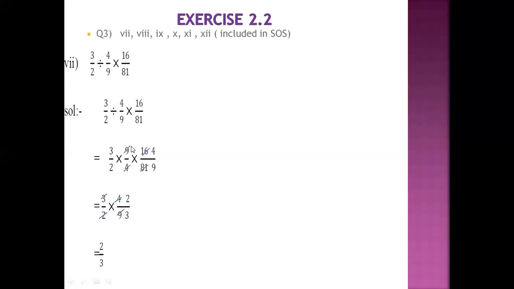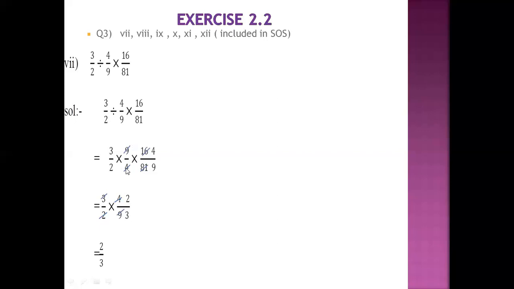9 ones are 9, and if we multiply any number with 1 we get the same number, therefore I didn't write the 1 here. So with table 9 I cancel these two values: 9 divided by 9 we get 1, and 81 divided by 9 we get 9, since 9 nines are 81.